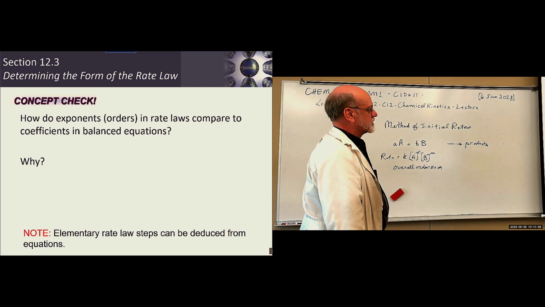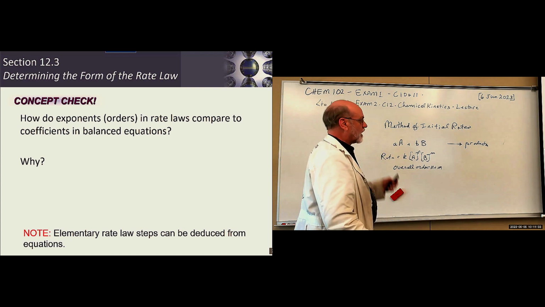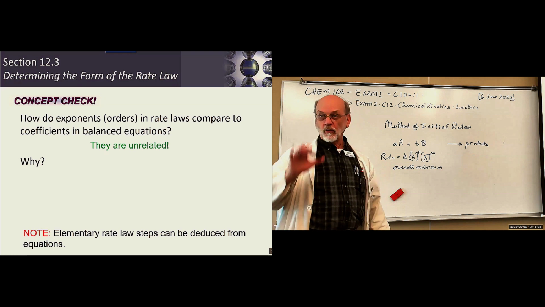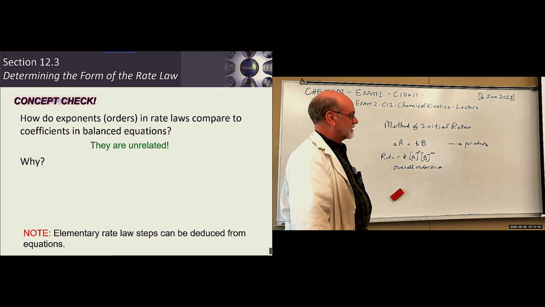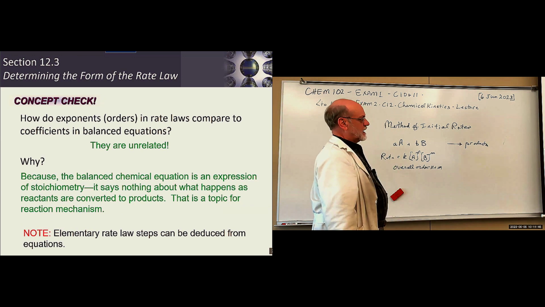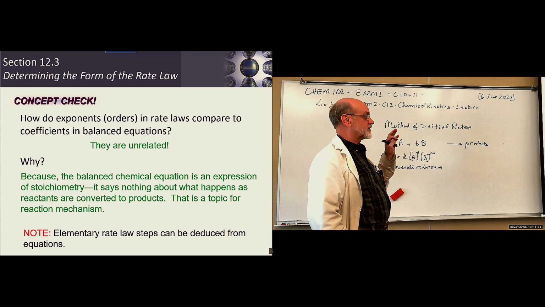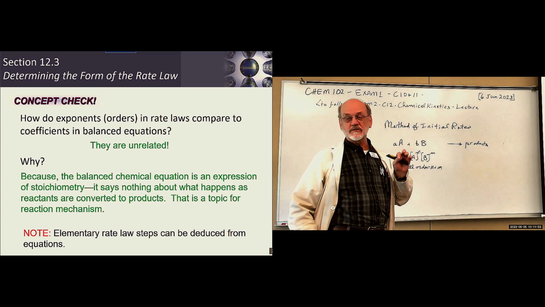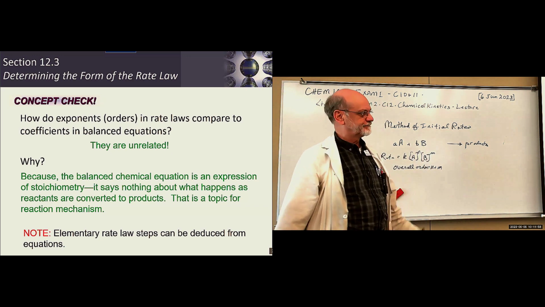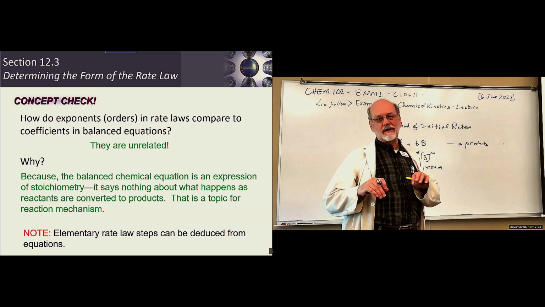Okay, how do exponents in rate laws compare to coefficients in the balanced equations? They're not related whatsoever. They are unrelated in the overall reaction. And here's a two-sentence explanation: the balanced chemical equation is an expression of stoichiometry, and that's related to actual end products.